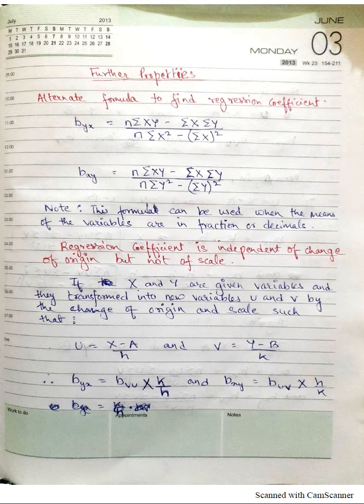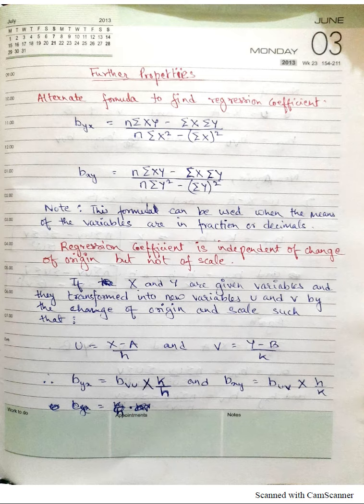Another important property that we need to keep in mind is that the regression coefficient is independent of change of origin but not of scale. Change of origin and scale we have discussed several times, in the case of standard deviation and in the case of the correlation coefficient. So here, the regression coefficients are independent of change of origin but not of scale.